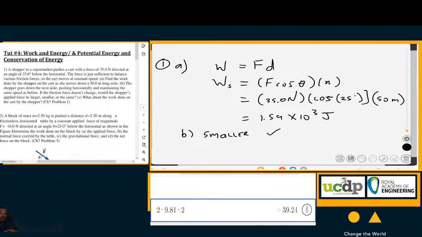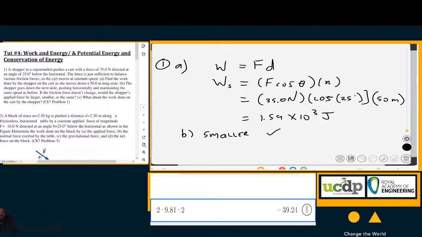Now what this vertical component did, it increased the normal force on the cart. And if the normal force was increased, the force of friction was increased. And if there is no more increase in the normal force, the force of friction is lower.